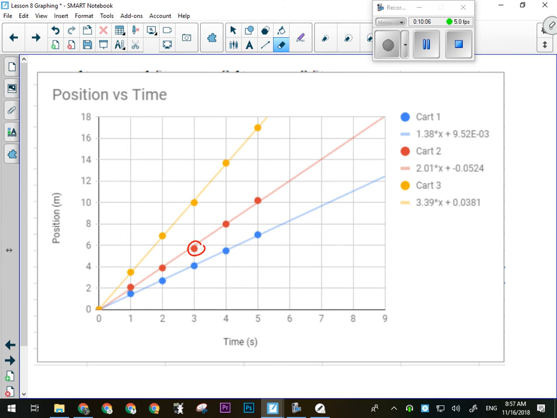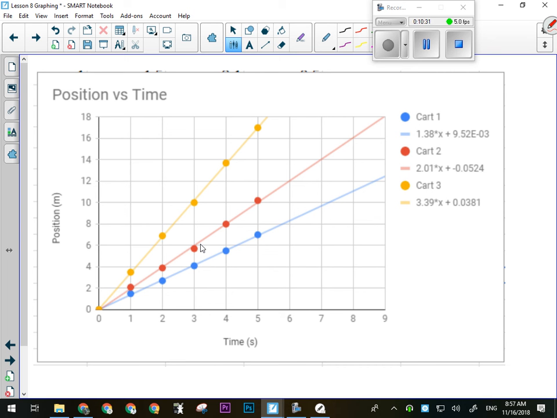Now, here's what I want you guys to do. We've got the graphing equations for each cart. These carts were obviously only timed up until 5 seconds. Now, looking at this graph, which cart was the fastest? The yellow one. Why do you say the yellow one?